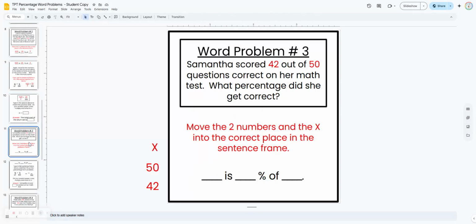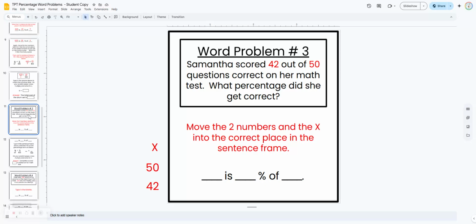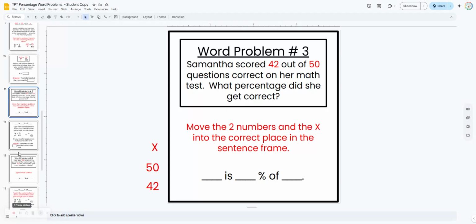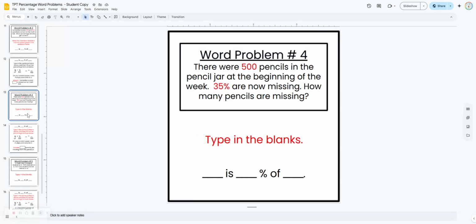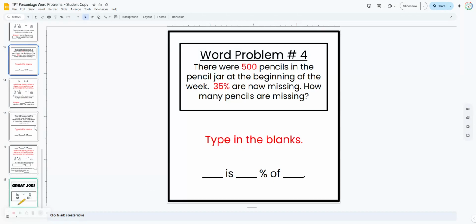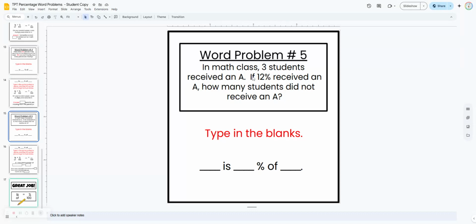And they've got 3 more word problems. There's 5 altogether. So they're going to do the same thing with the next one, and the next one. And then when they get to number 5, it's a little bit more tricky because here you're going to look for the total number of students in the class, but that's not what the question is asking.